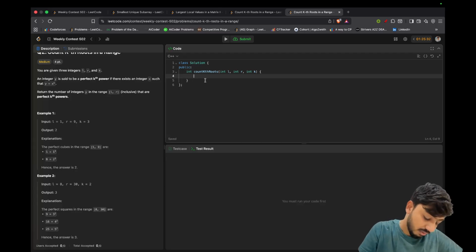X is equal to e to the power log L by k.